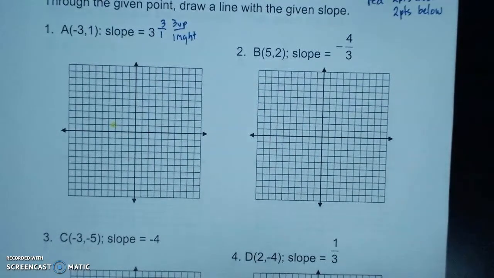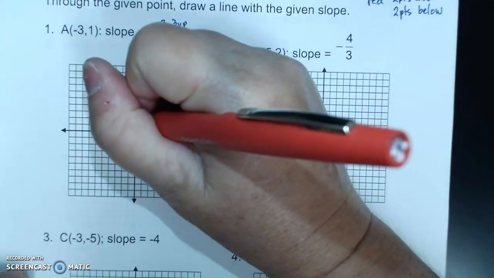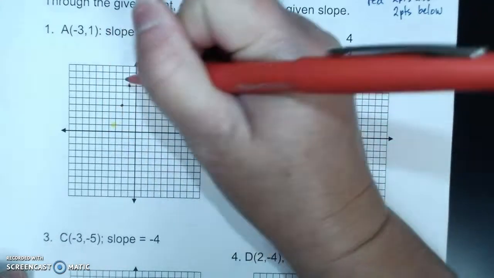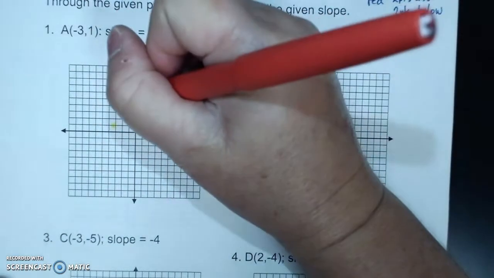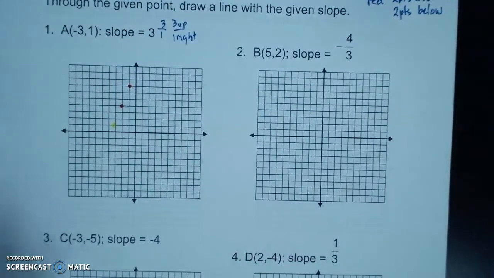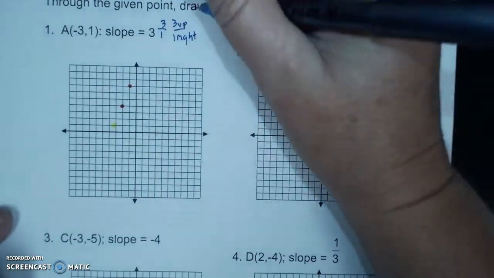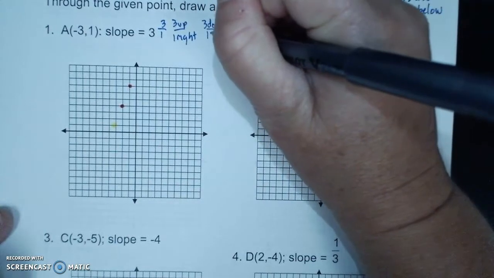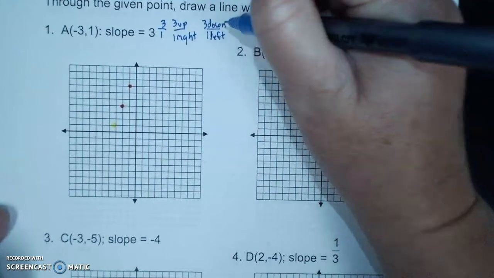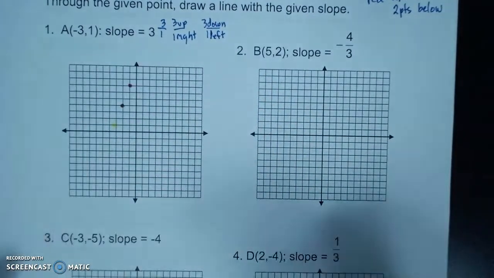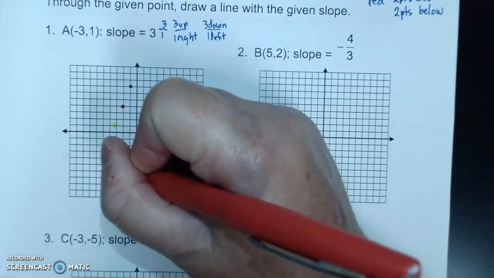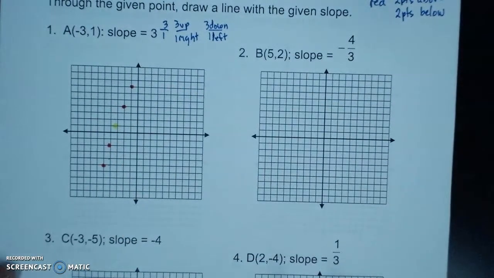So you're going to go 3 up, 1 right, 3 up, 1 right, and these are in red. And then to travel the other way, you're going to travel 3 down and 1 left. I'm reversing the directions of the words. So I'm going to go 3 down and 1 left, and 3 down and 1 left.